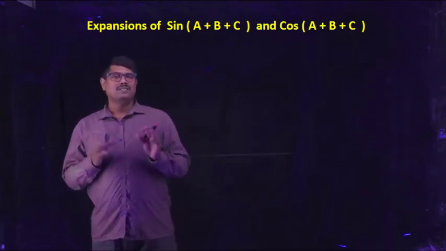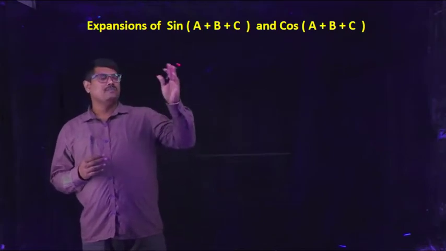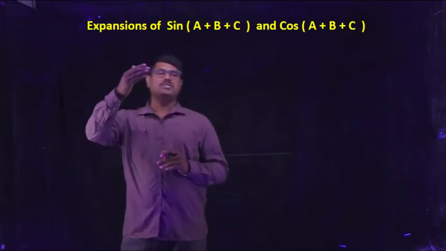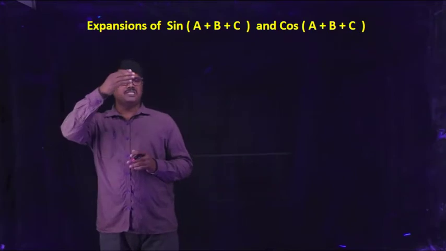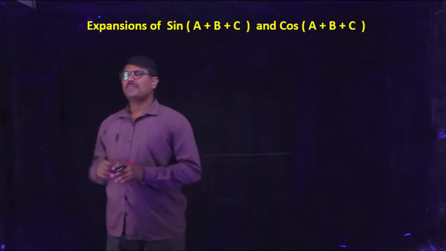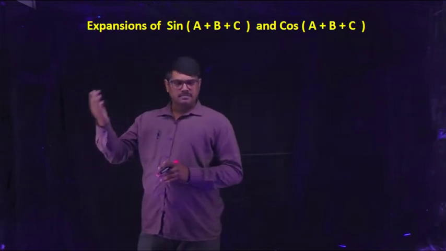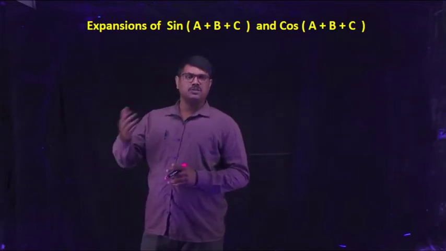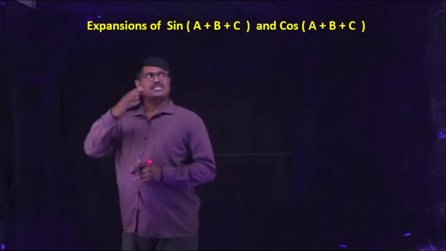What are the expressions for three angles? You can observe the expansions of sin of A plus B plus C and cos of A plus B plus C. By using the previous formulas, we can expand such expressions.